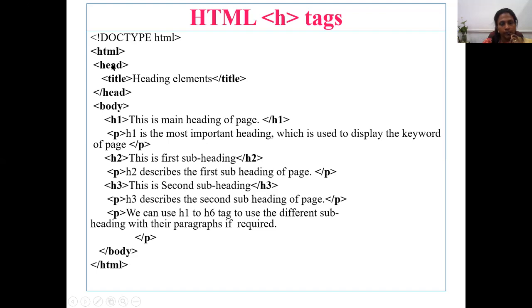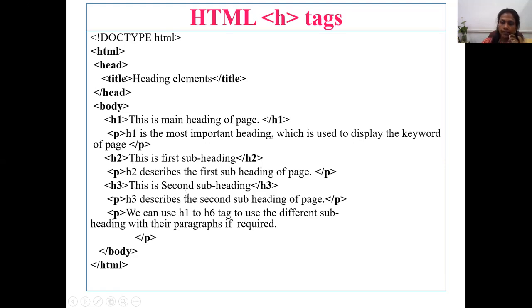We start with the HTML tag, the head tag, and then the title tag. Then in the body tag is where we give all these different types of H tags, or any tag that you actually use. Here I'm enclosing some text, this is the main heading of the page, inside the H1 tag. And I also have the H2 tag and the H3 tag.